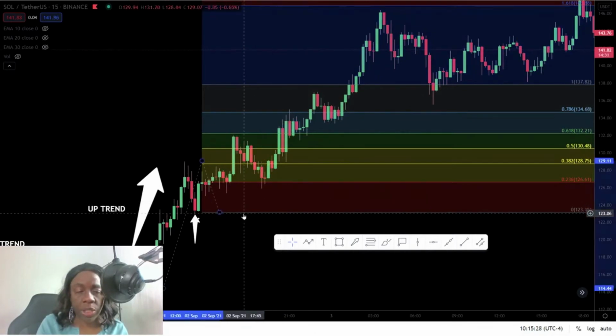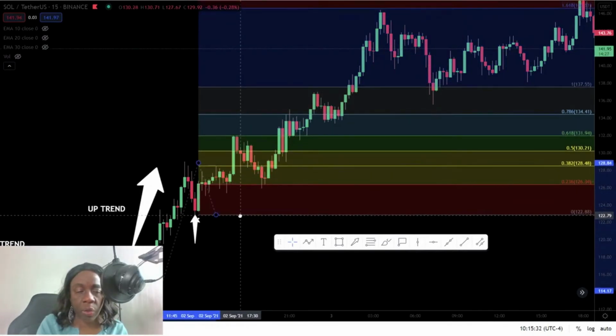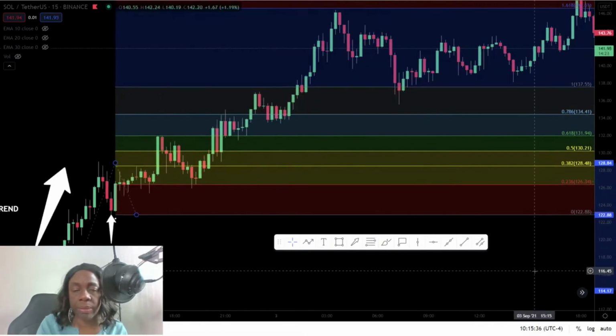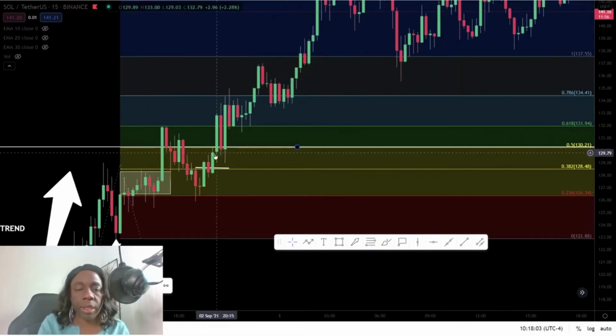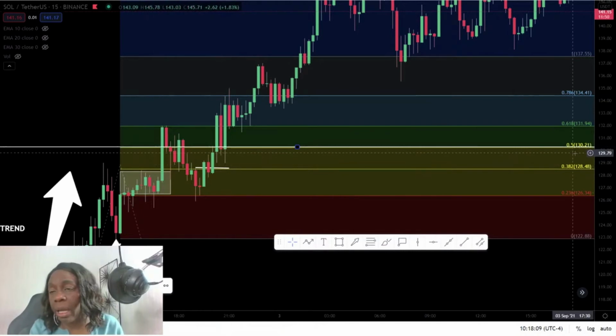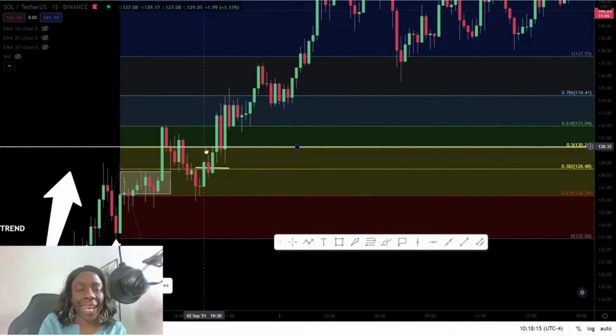Okay. I'm going to adjust my fib a little bit because I want to go down to the wick. Can you see that wick over here at the entry point? Okay. And you can see 1, 2, 3. So for 45 minutes, at the 0.51 Fibonacci or $130 line, again, you can see that price action is respecting our fibs.